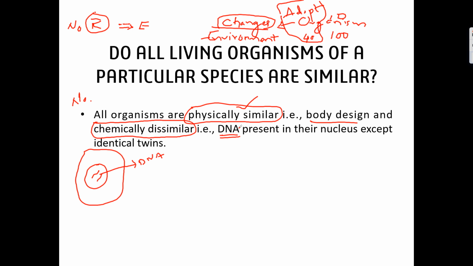Is there any exception? Yes, in the case of identical twins. Suppose one zygote, for some reason, breaks into two, so the mother gives rise to twins. In this case, the DNA of these two people will be similar. So we call them identical twins.